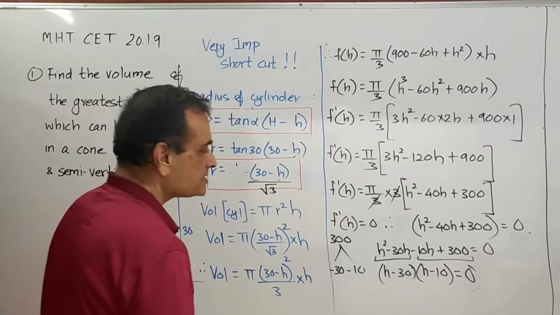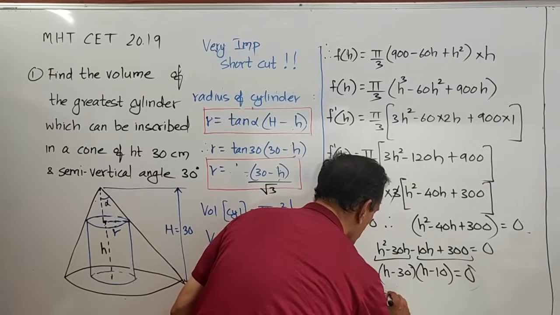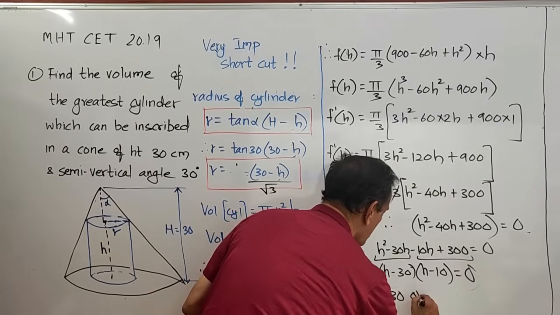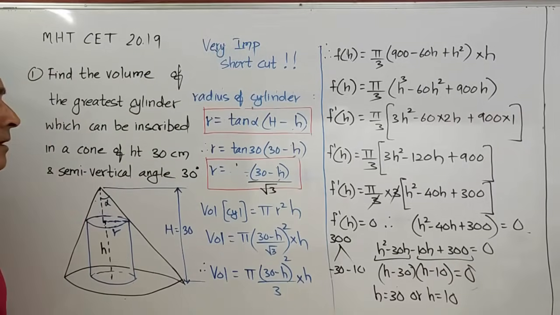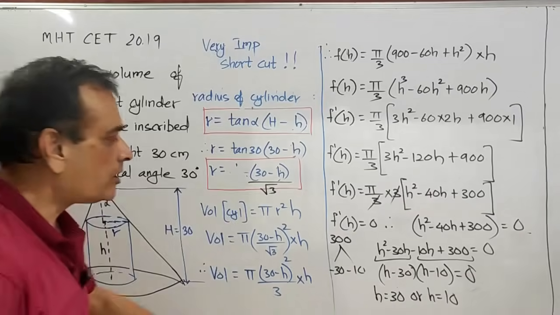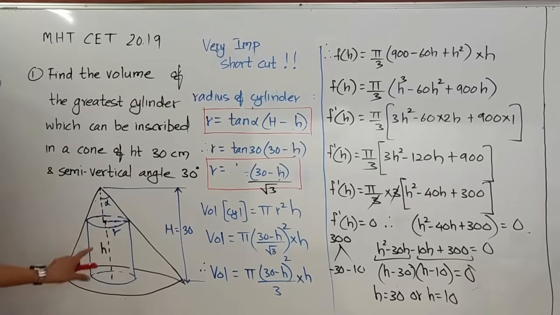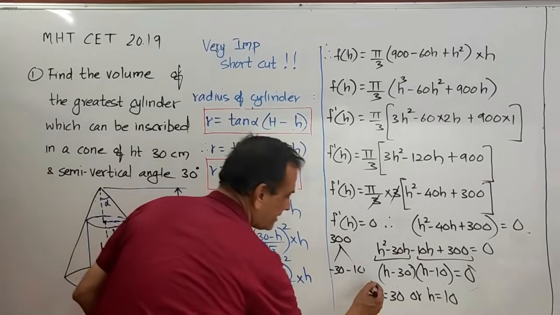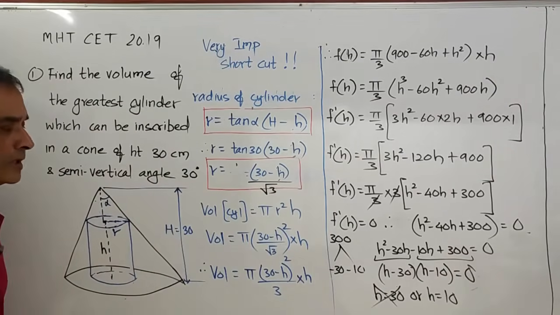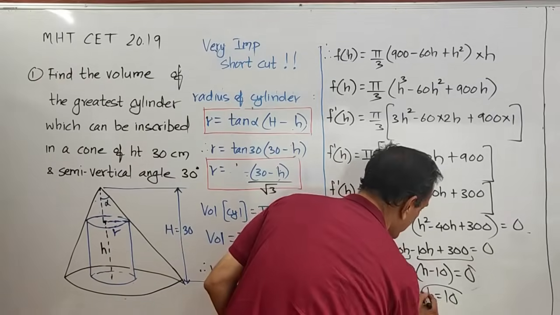So you get two answers: h minus 30 equal to 0, h equal to 30, or h equal to 10. Now h cannot be 30 because this is h and 30 is bigger. So directly neglect it. Therefore your answer is h equal to 10.